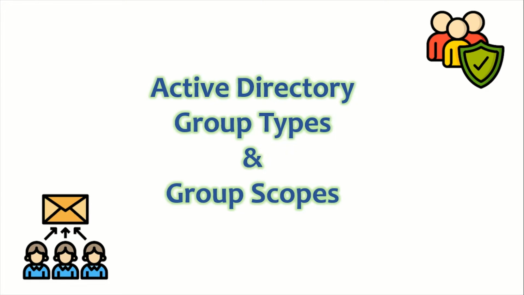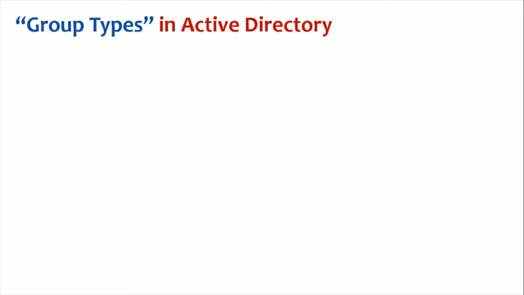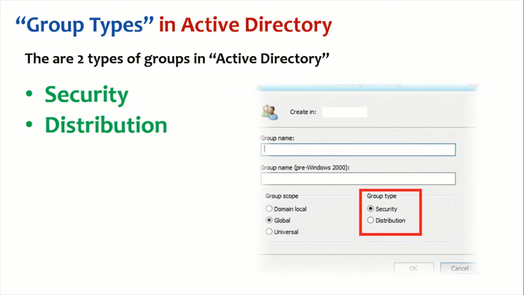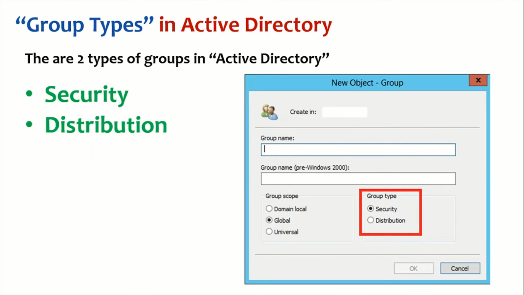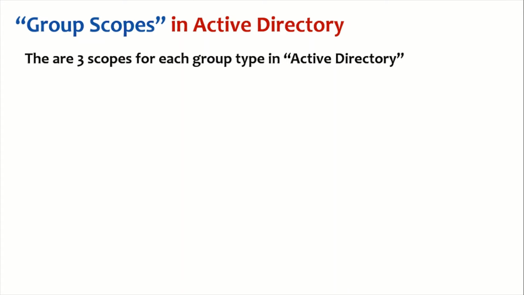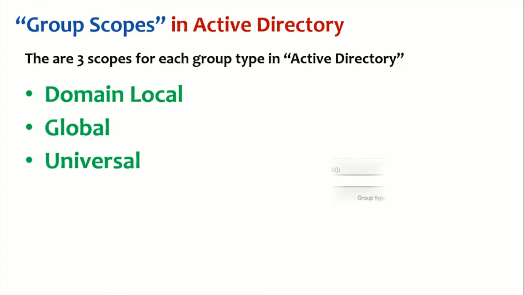So Active Directory group types and group scopes, we have already discussed this topic in our earlier video. There are two types of groups in Active Directory, namely security group and distribution group, and we have three types of scope for each group type, namely domain local, global, and universal.